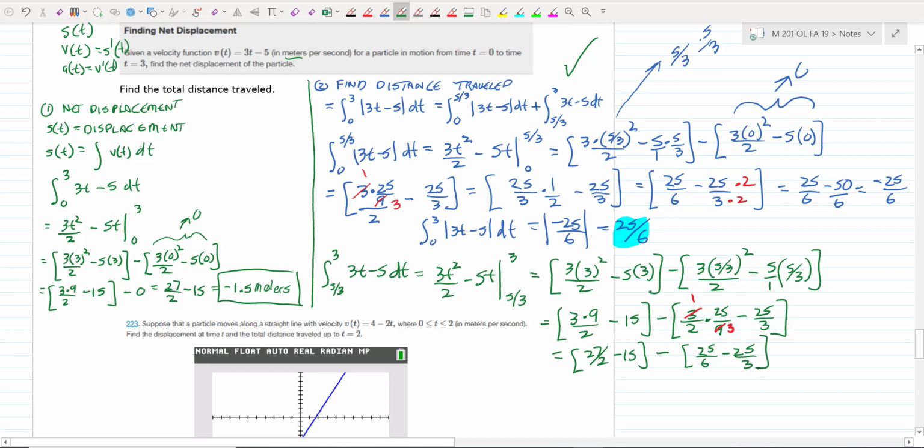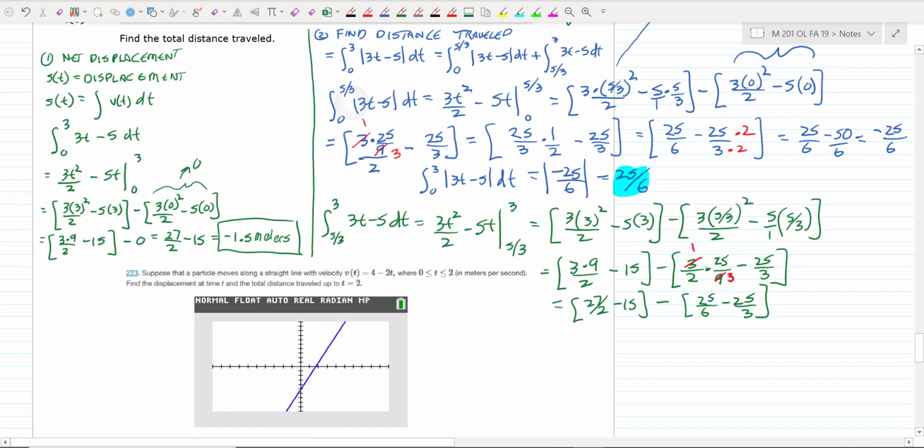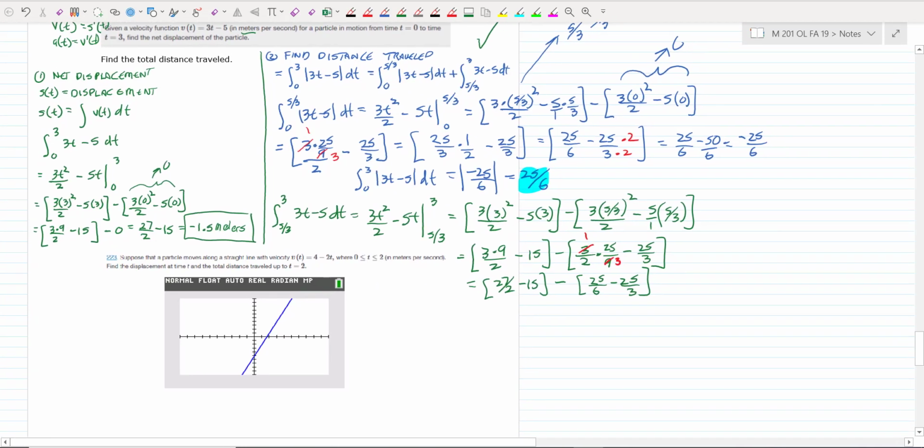Then we can get a common denominator and work all the details out, and we'll be ready to get our final answer. You get into this fraction arithmetic all the time when you're doing definite integrals, so you want to be aware of that because it's going to show up some. So from here I've got 27 over 2 minus 15 minus 25 over 6, and then plus 25 over 3.